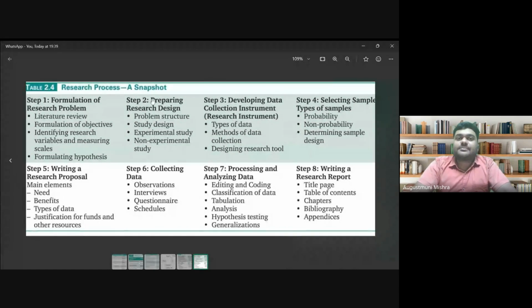Now, in step 2, you prepare your research design. Can anyone tell me, because this is one of the important questions, research design is also known as what of the research?